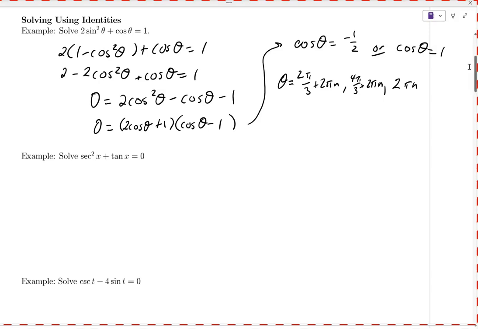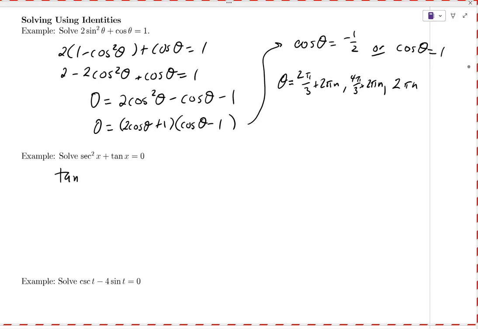What do you want to do first? Change the secant squared x in terms of tangent. Good. So secant squared is tangent squared plus 1.